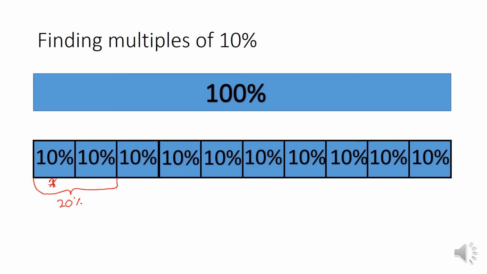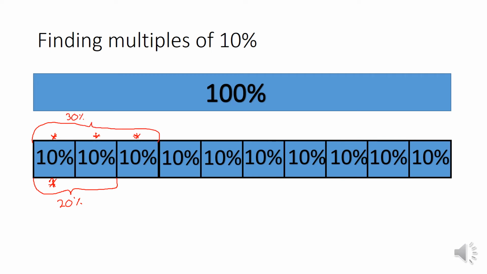So have a think, how would we find, let's say, 30% of a number then? So if you want to pause and have a think about it, you can do. So to find 30% of a number, if we know 10%, to find 30%, that's just 3 lots of it. Because that's 10 plus 10 plus 10, which is 30. So to find 30% of a number, we find 10%.